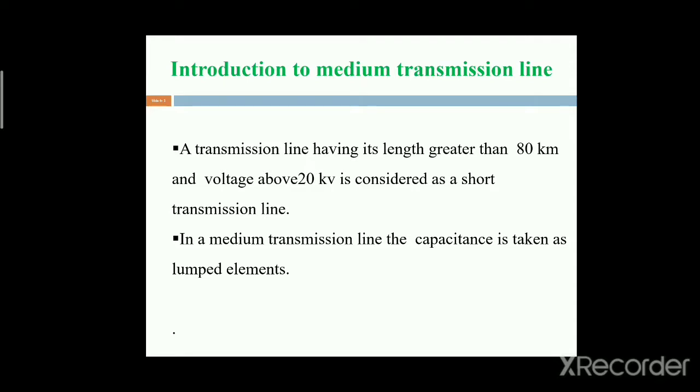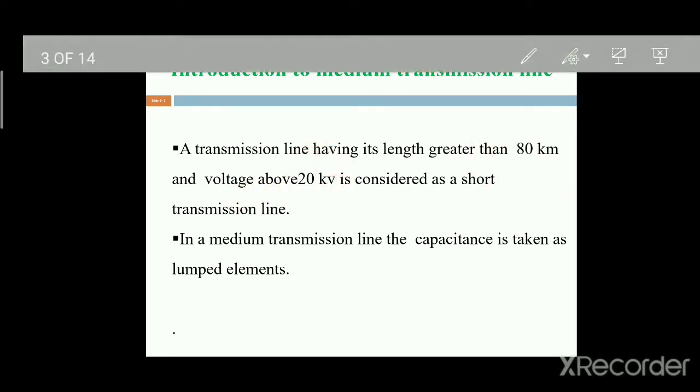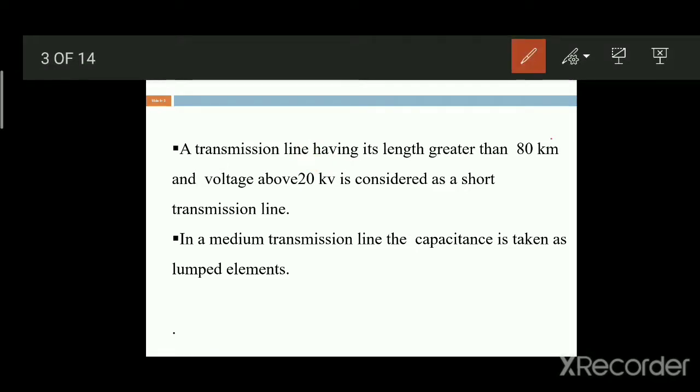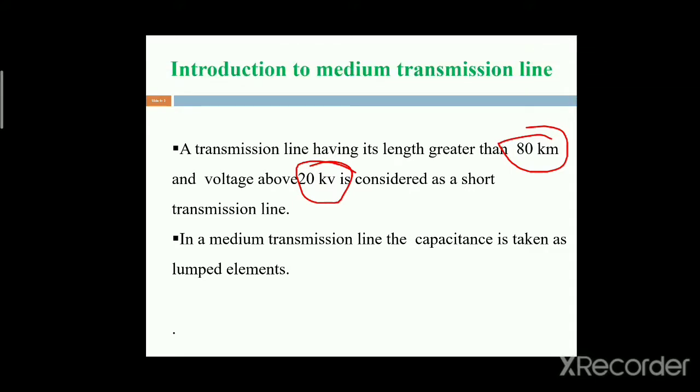The transmission line having its length greater than 80 kilometers and voltage also above 20 kilovolts is considered as the medium transmission line.